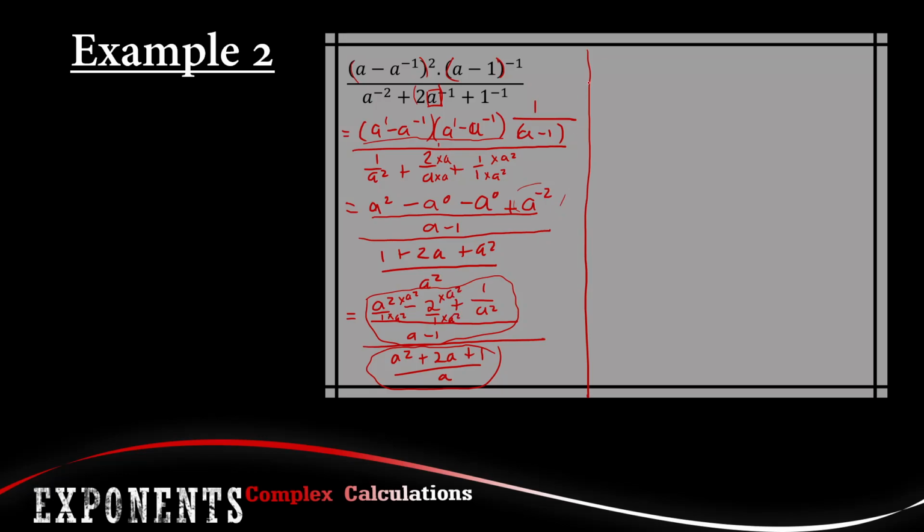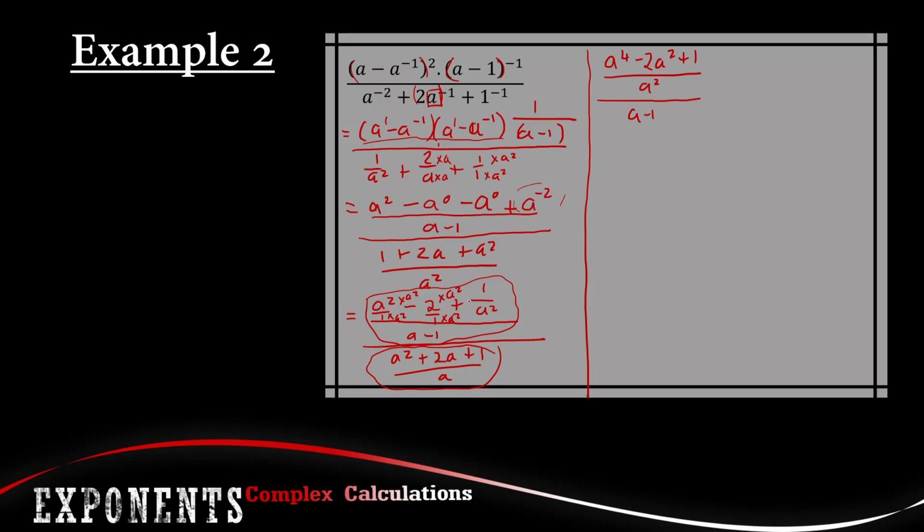Okay, so this then becomes, if we put it all over a squared, this becomes a to the power of 4 minus 2a squared plus 1, and that's all over a squared. All right, then it's divided by a minus 1.